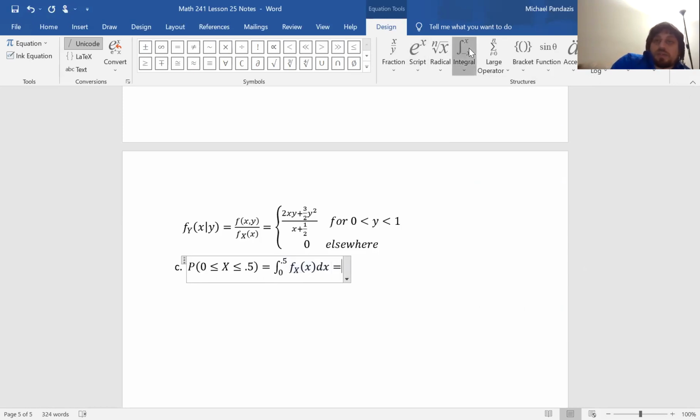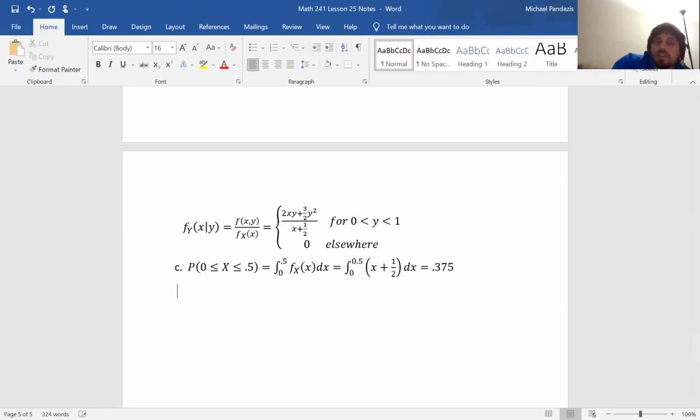This is equal to the integral from 0 to 0.5 of x plus 1/2 dx, and that's equal to 0.375. So you're just integrating from 0 to 0.5 of f sub x of x, and you get that.